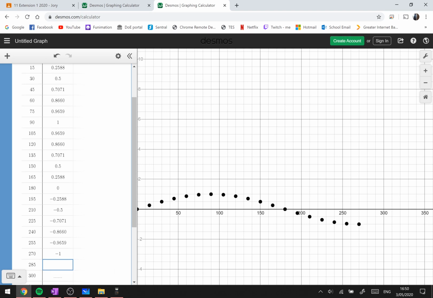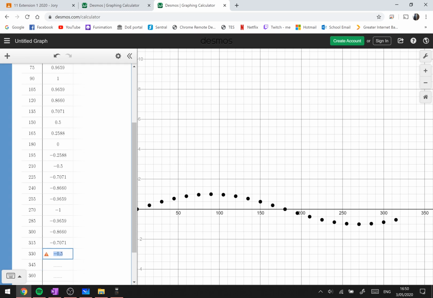And coming back the other way. So again, this gets to this negative 1 point, and then it's going to come back in on itself. So negative 0.9659, negative 0.8660, negative 0.7071, 330 is going to be negative 0.5.